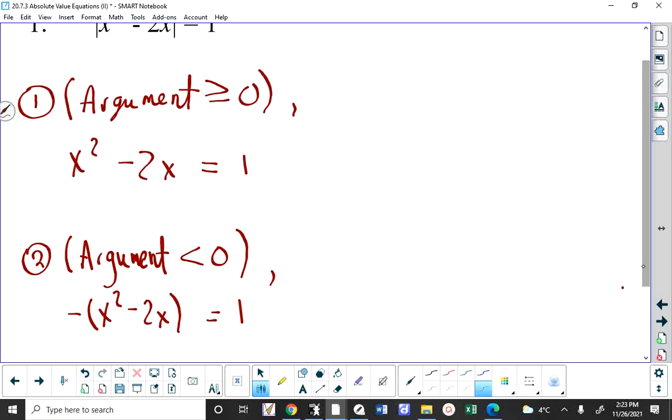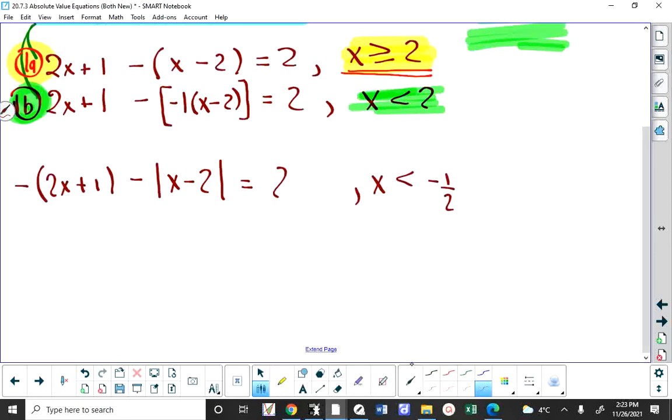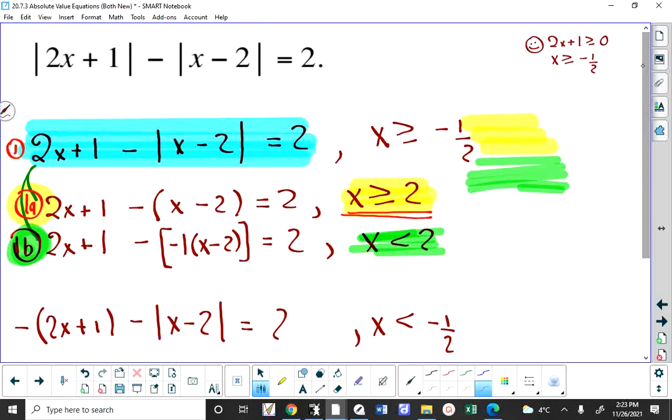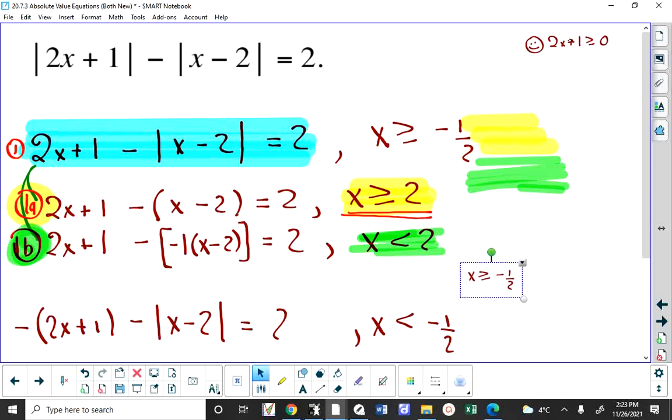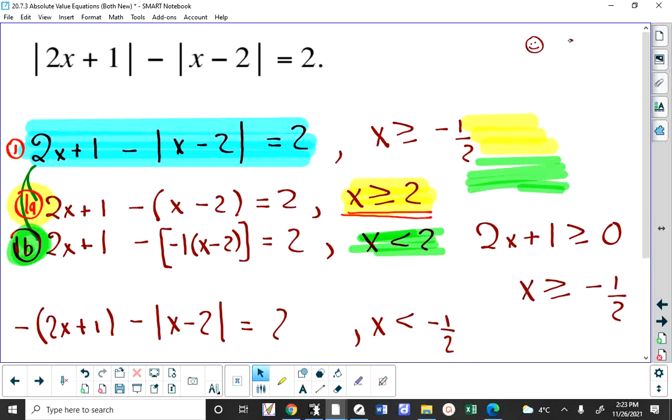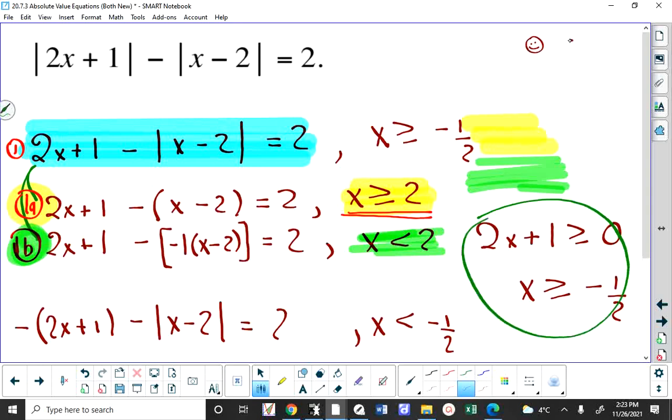Because if it's linear, all you do to get the subdomain, and I can show this to you because we did one here, is you take that argument, you write greater than or equal to 0, and you rearrange it. It's very simple. You move the number to the other side, you divide by the coefficient. But you cannot rearrange an inequality that way if the inequality has a quadratic in it.